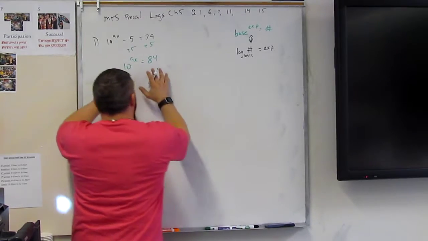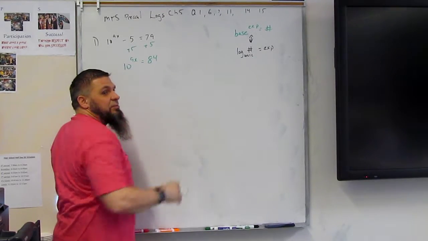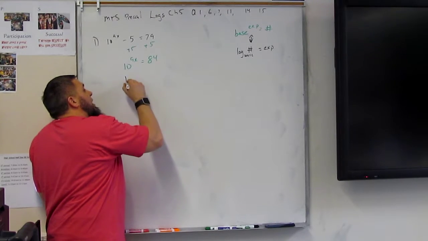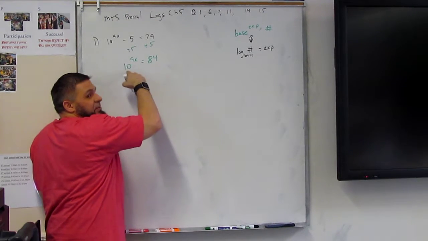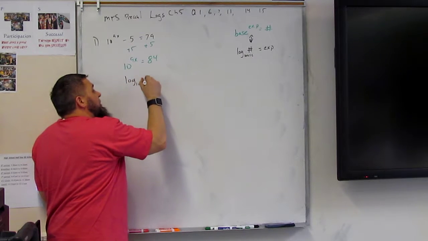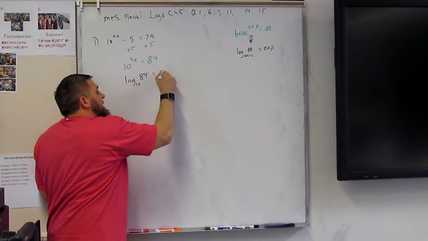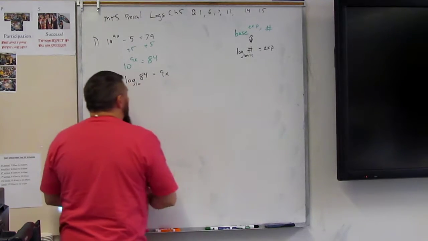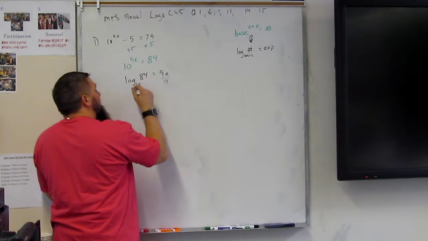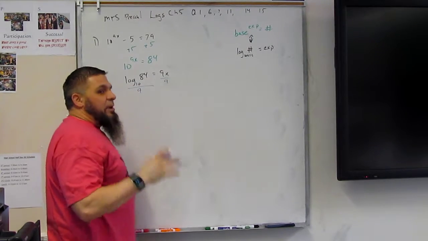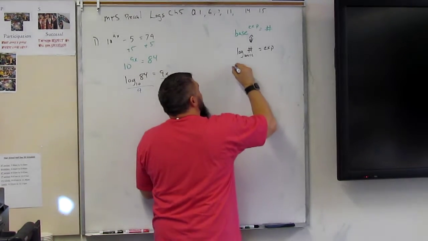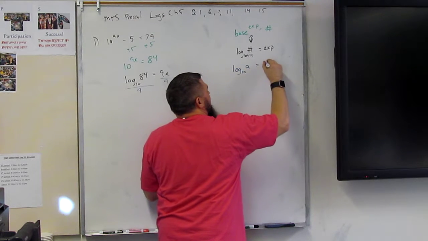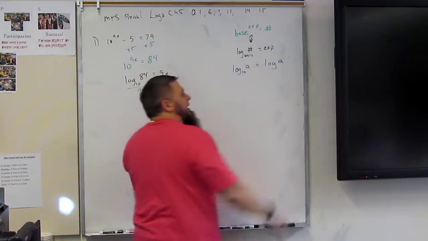So what I'm going to do now is change this into logarithmic form so I can solve for x. So the log base 10, because the base is 10, of the number 84 is equal to 9x. And now I just divide both sides by 9. Now remember, from last year, log base 10 of a is equal to log of a.